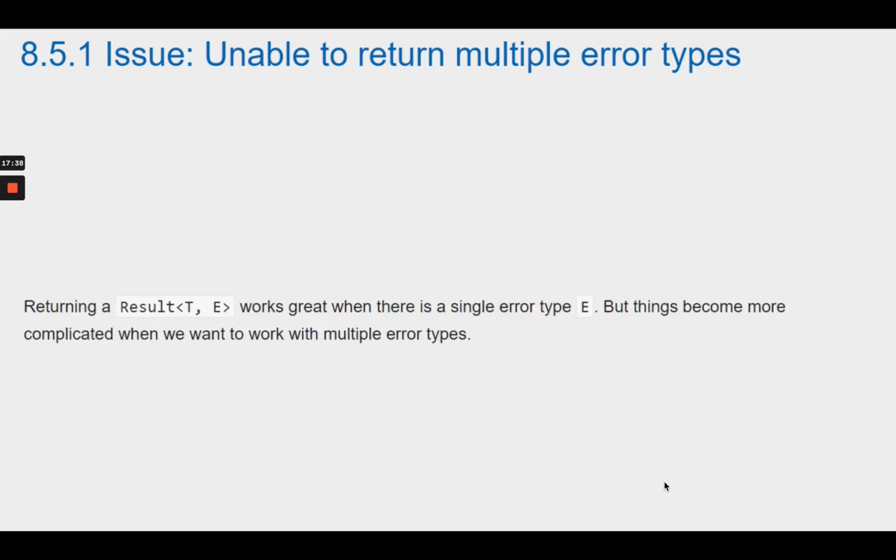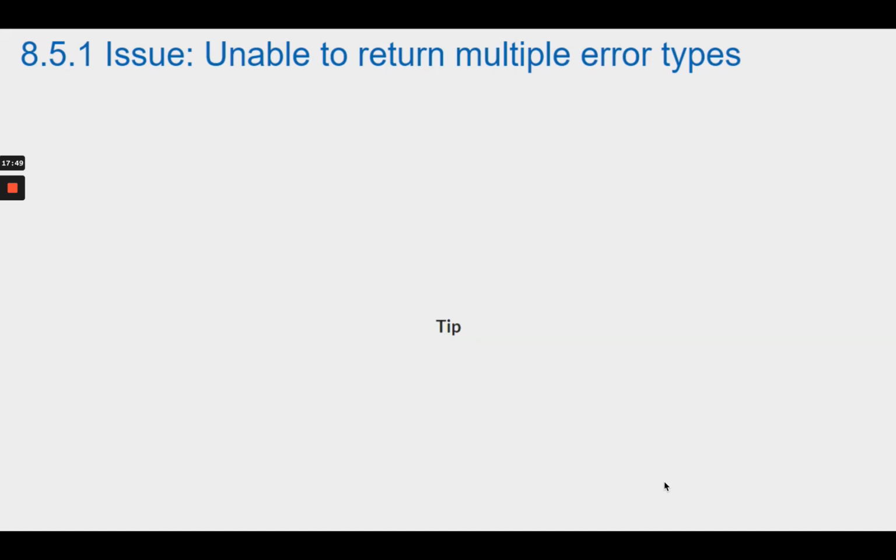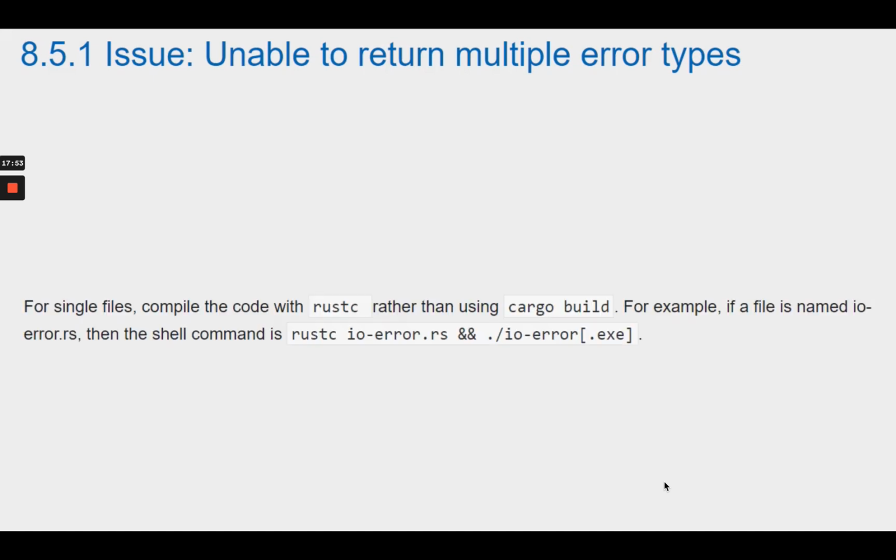Section 8.5.1. Issue: unable to return multiple error types. Returning a Result<T, E> works great when there is a single error type E, but things become more complicated when we want to work with multiple error types. Tip: for single files, compile the code with rustc file-name rather than using cargo build.